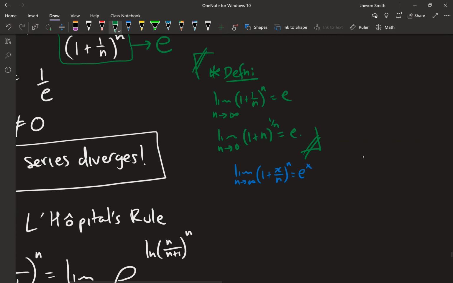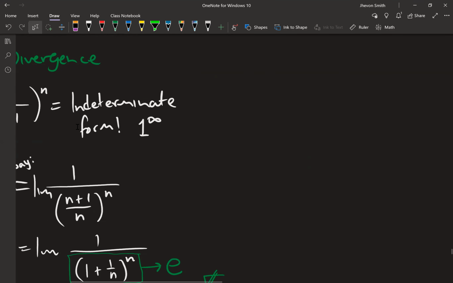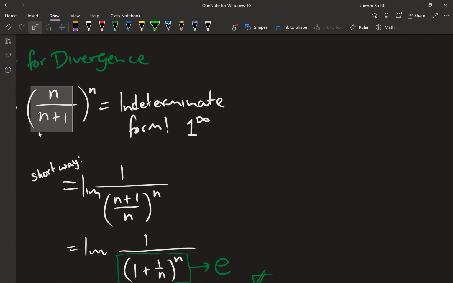Basically, if I combine the inside, I get n plus 1 all over n. If I take that limit, I get the exponential. Now, not the exponential, I get e. Now, if I look at what I had here, I had the reciprocal of that. Instead of n plus 1 over n, I have n over n plus 1.